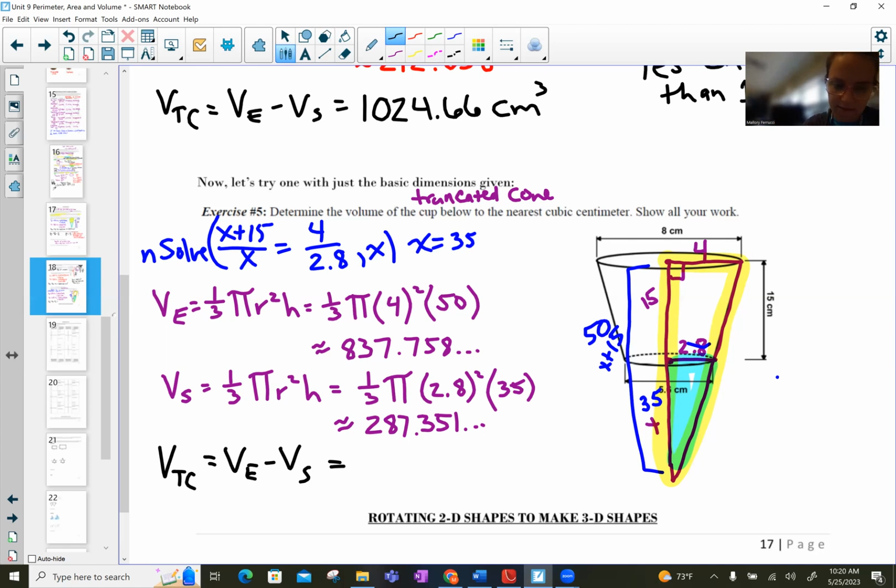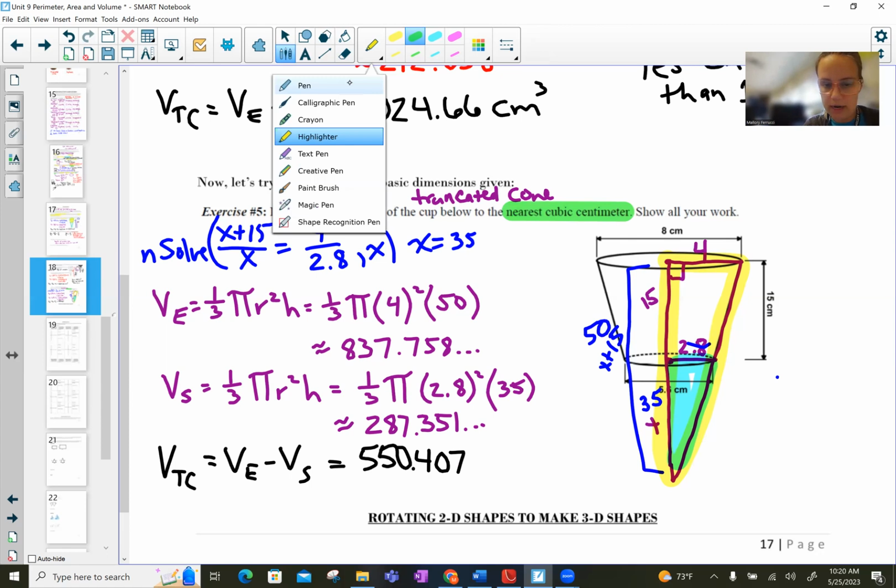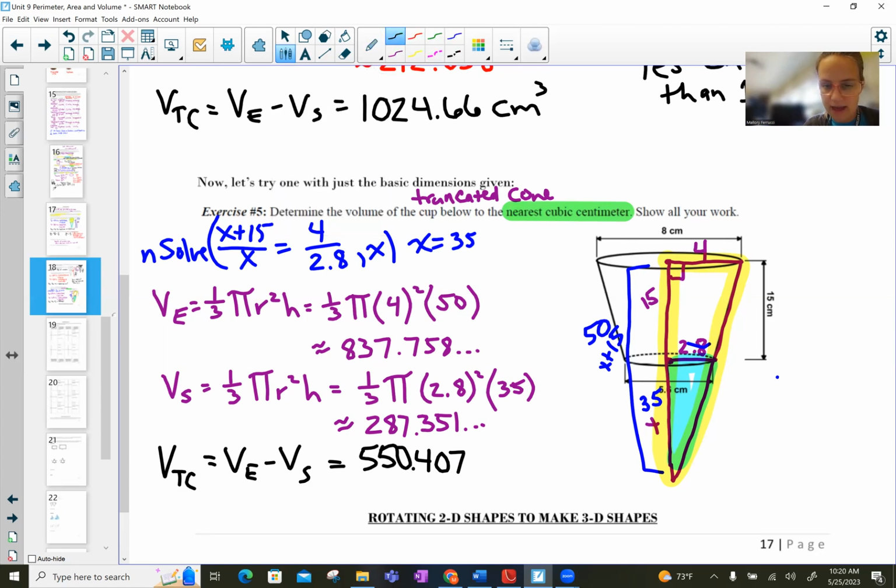So I get 550.407. And we want it to the nearest cubic centimeter, so that's the nearest whole number. So this would be about 550 cubic centimeters. And that's it.